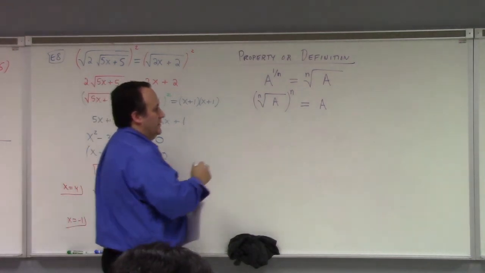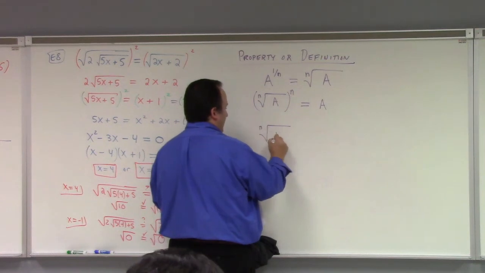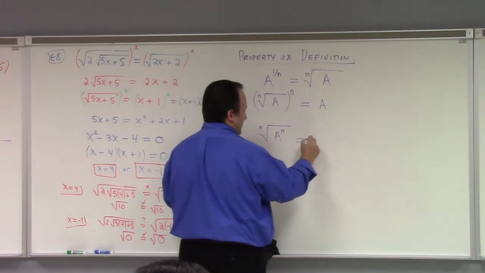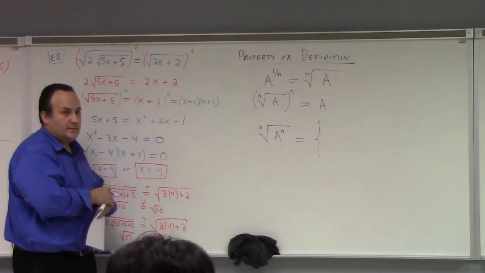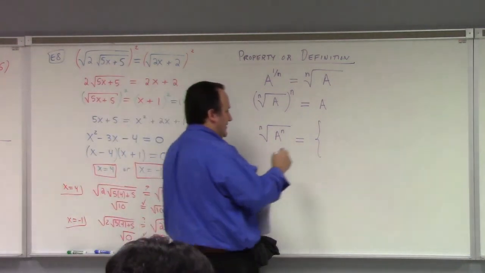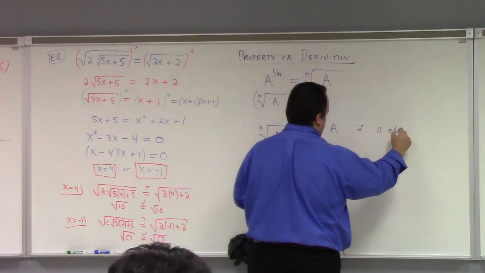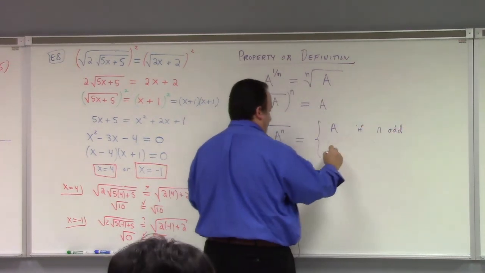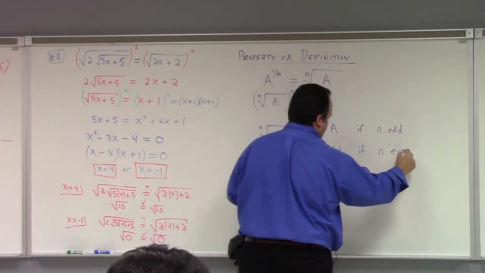Caution though, if we take the nth root of a to the n, there are cases. It's just going to give you a again if n is odd, whereas it gives you the absolute value of a if n is even.